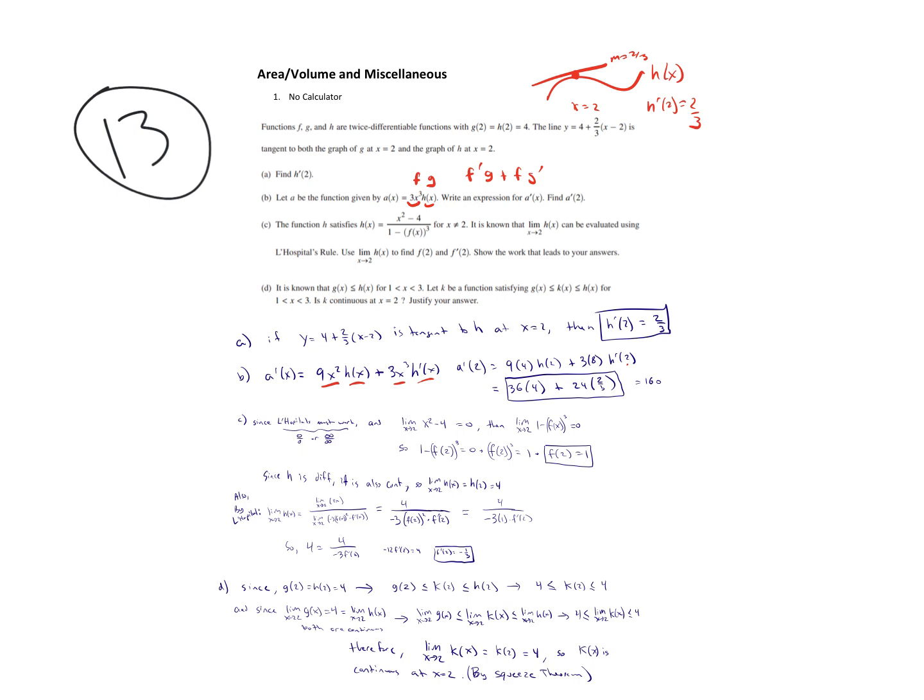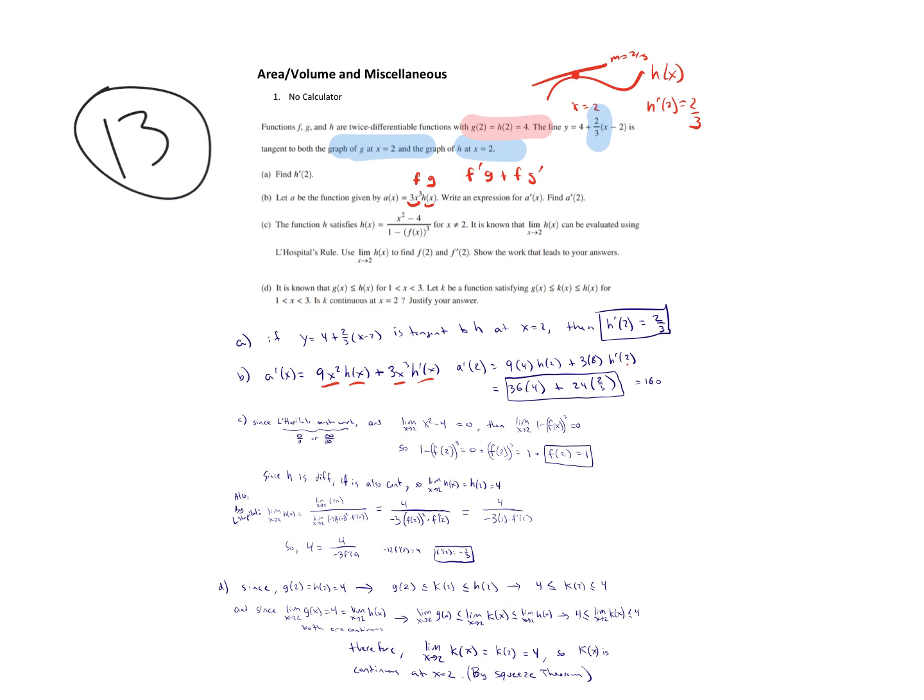And like we talked about yesterday, if we're given a tangent line, that slope is the value of the derivative at that point. So we now know that G prime of 2 is 2/3 and H prime of 2 is 2/3. We also know it goes through the point (2, 4) because G of 2 and H of 2 are 4.